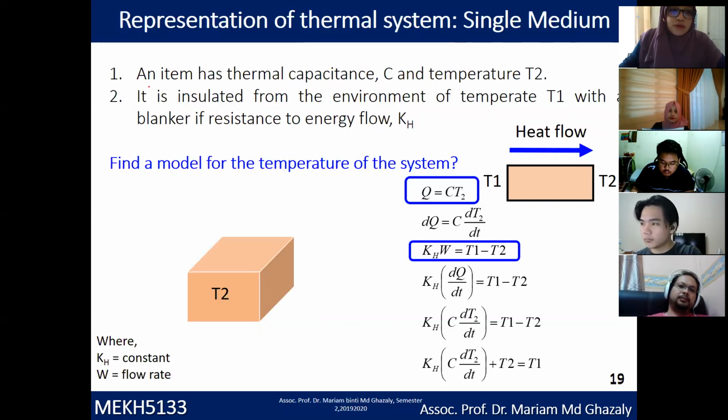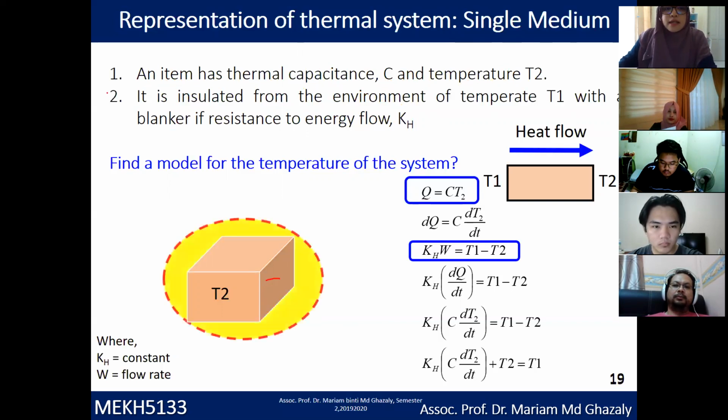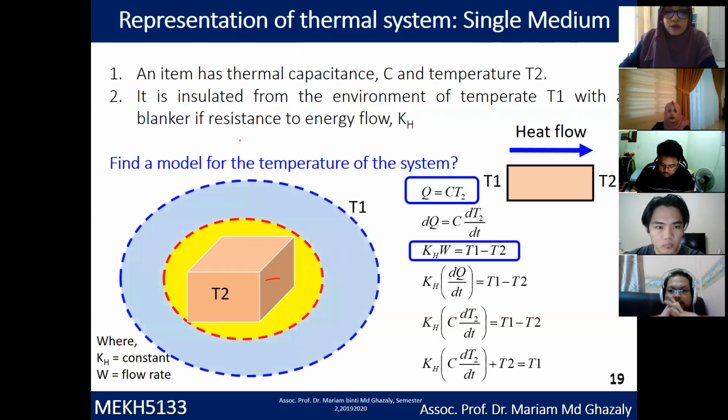So assume that we have an item that has thermal capacitance C and temperature T2. We have a medium here at temperature T2 with thermal capacitance C. It is insulated from the environment, meaning you put an insulation layer there with a temperature T1.